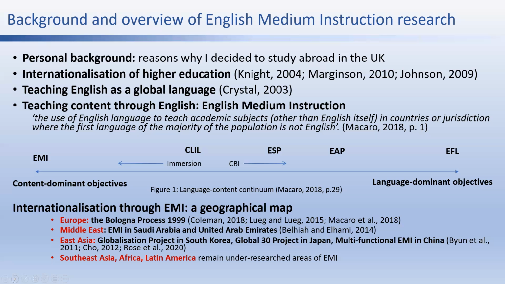So you can see from figure 1, there are a lot of types of language and content provision. On the one hand we have the content dominant objectives, and on the other hand we have language dominant objectives, and you can see the language driven spectrum.